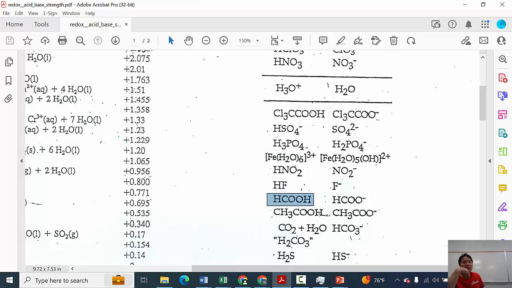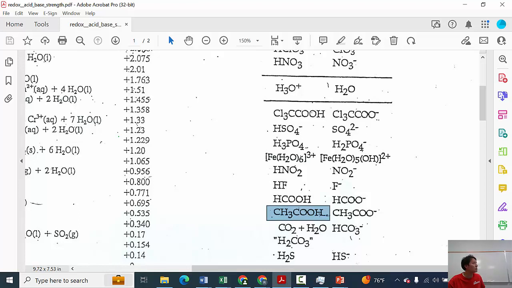We call it methanoic acid. Methanoic acid has another name. It's called formic acid. A two-carbon carboxylic acid like this is called ethanoic acid. Ethanoic acid has another name. Do you know what it is? Ethanoic acid is called acetic acid. So this is acetic acid.